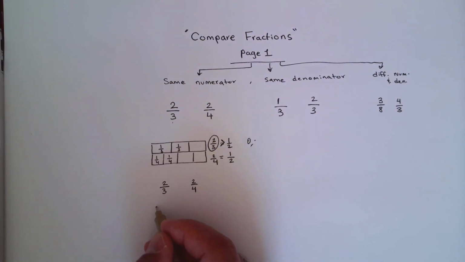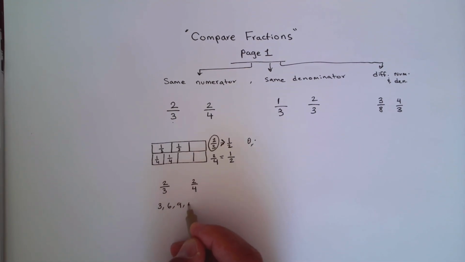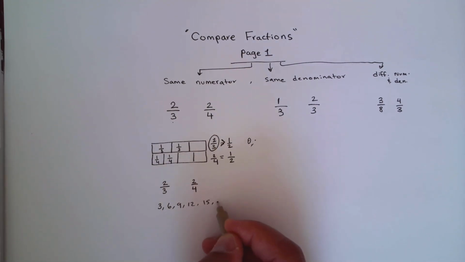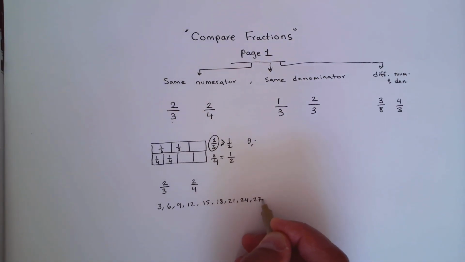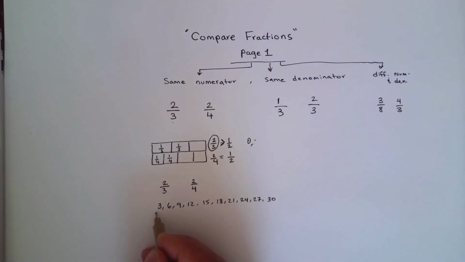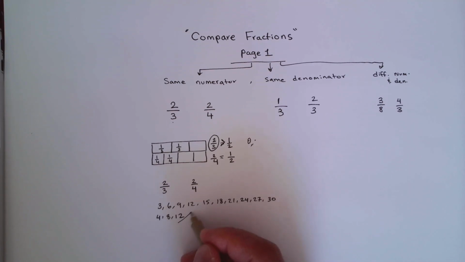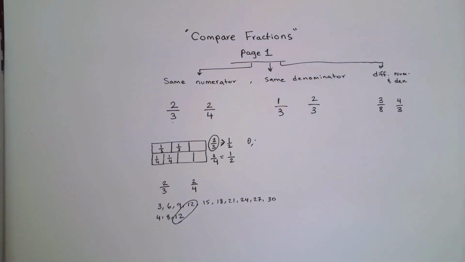So I'm gonna use the multiples of 3: 3, 6, 9, 12, 15, 18, 21, 24, 27, 30. Okay, those are the multiples of 3. Let's use the multiples of 4: 4, 8, 12. And I can stop at 12 because I see already that 3 and 4 can be the same at 12.